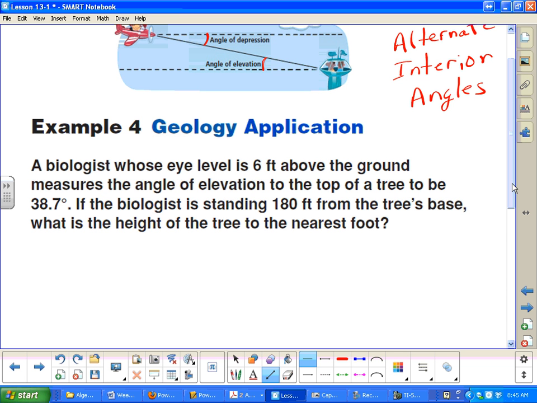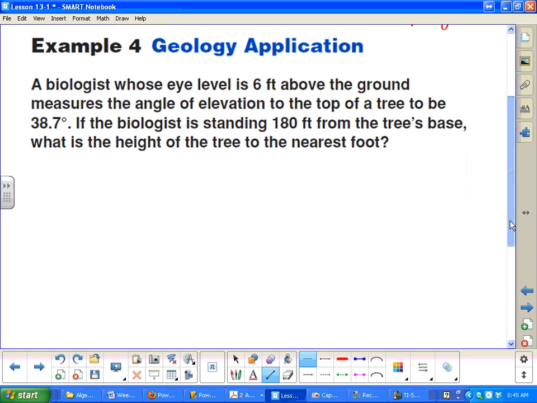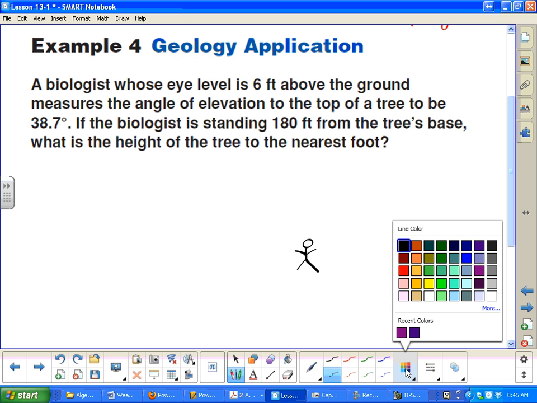So the first thing we always want to do, if you have artistic ability, you can make some pretty cool drawings, okay? I don't have artistic ability, so I make pretty simple drawings, but they get the point across, hopefully. All right, so we have this person standing here, my stick guy, and he's looking over at a tree. Over here we've got our tree.